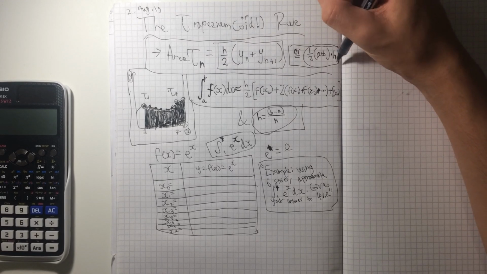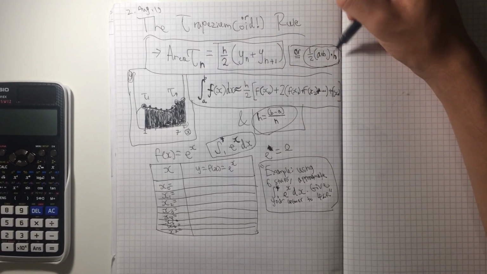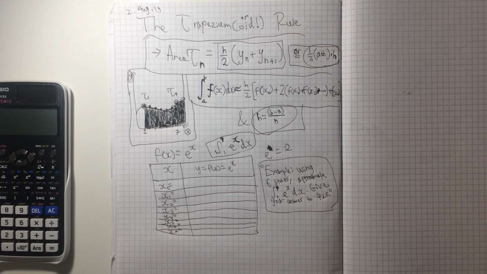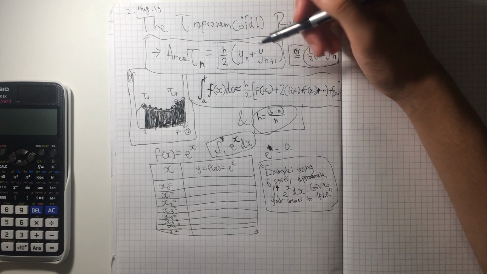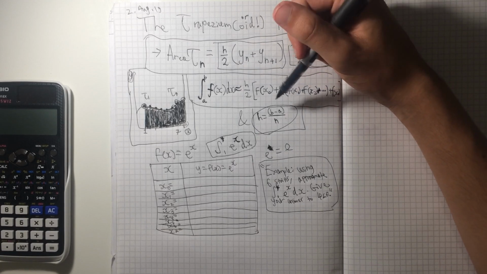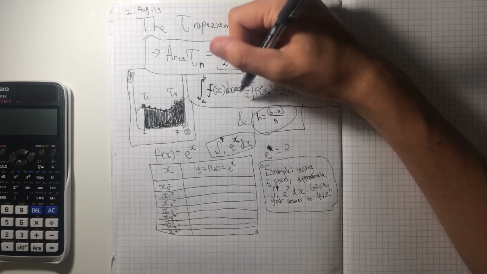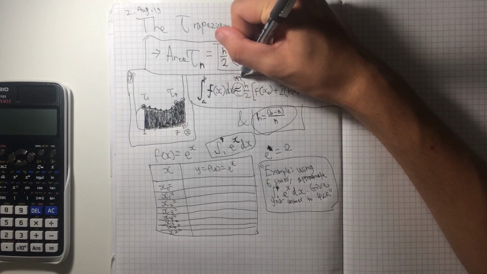So this is just us representing this formula over here, which is very widely known. And what we have here, this really long formula, the symbol just means approximates.